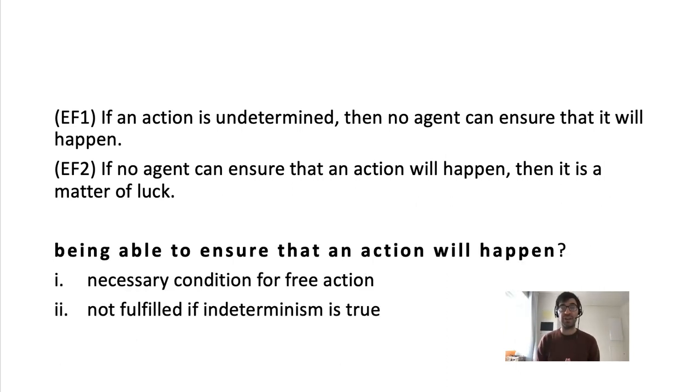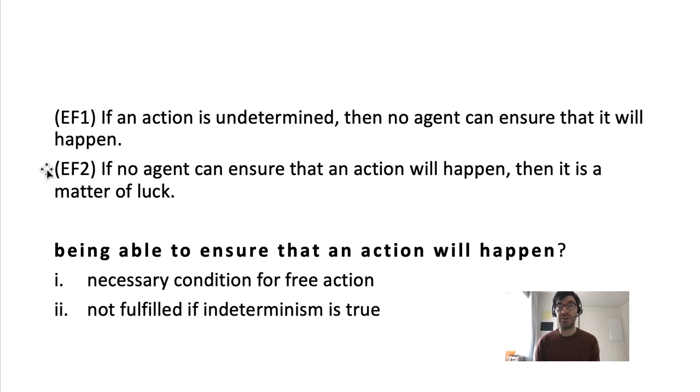And Franklin's way of questioning the argument is by focusing on the notion of being able to ensure that an action will happen. And this notion appears in premise 1 and in premise 2.